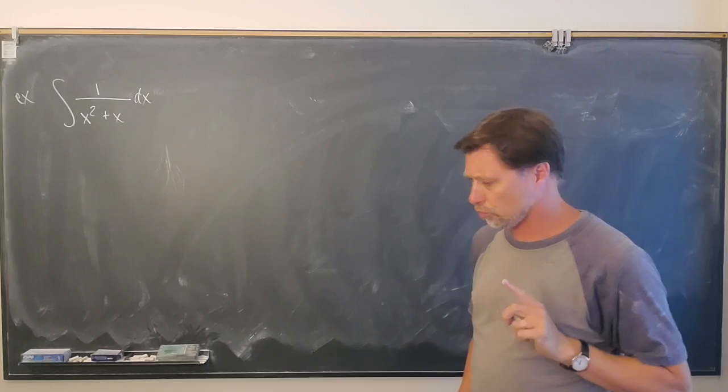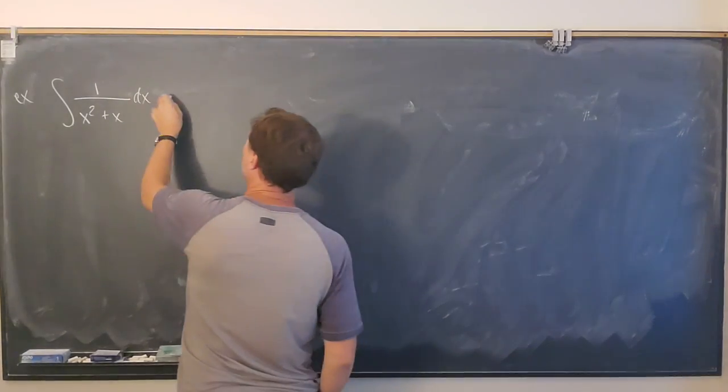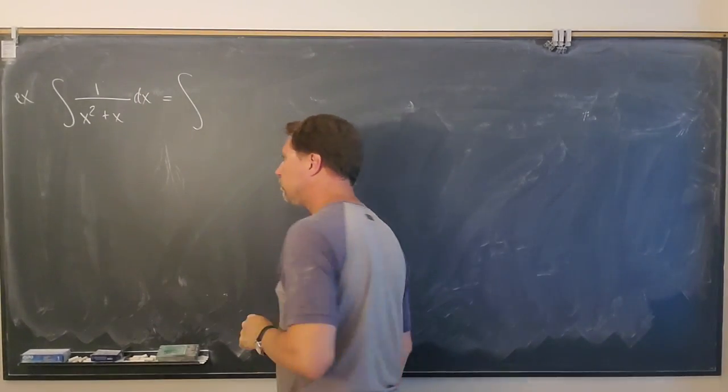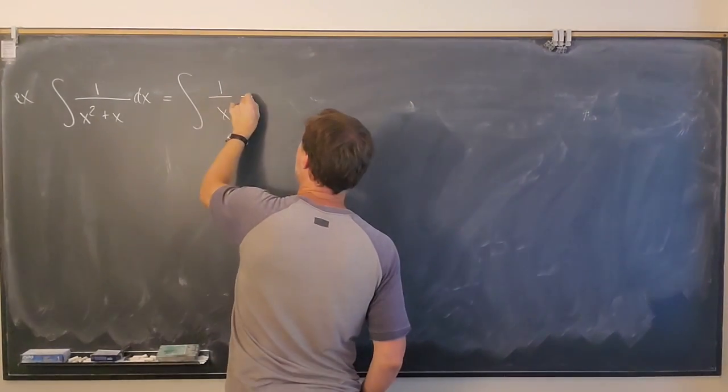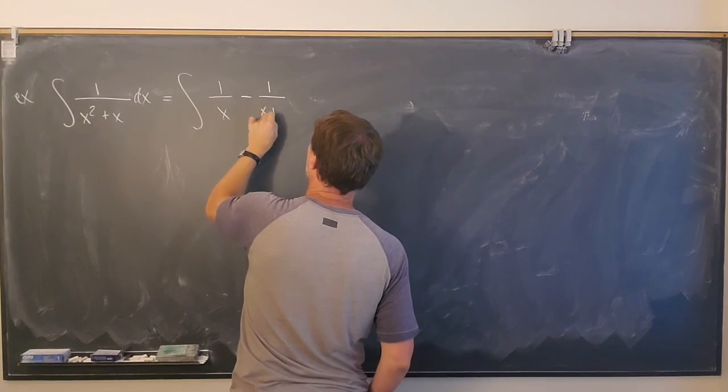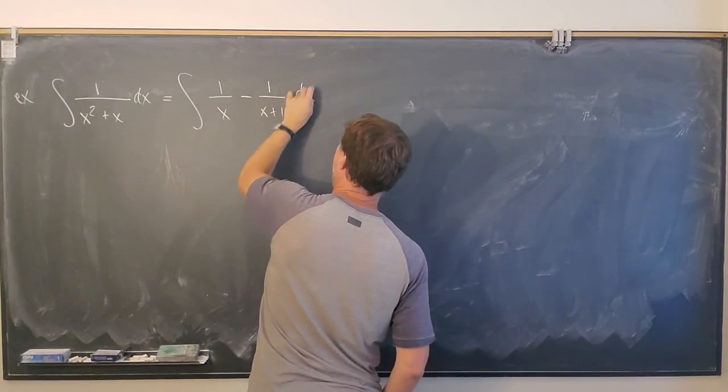But here's what's true. It turns out that our integrand can be rewritten as 1 over x minus 1 over x plus 1.